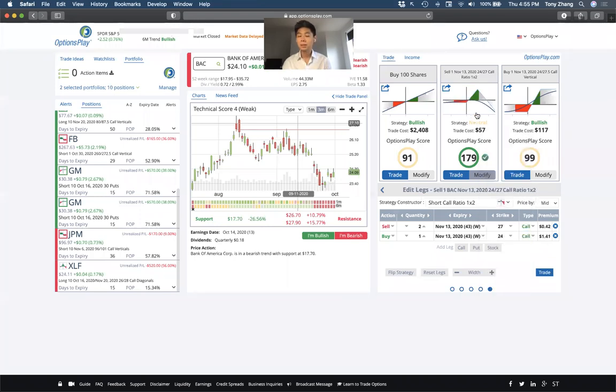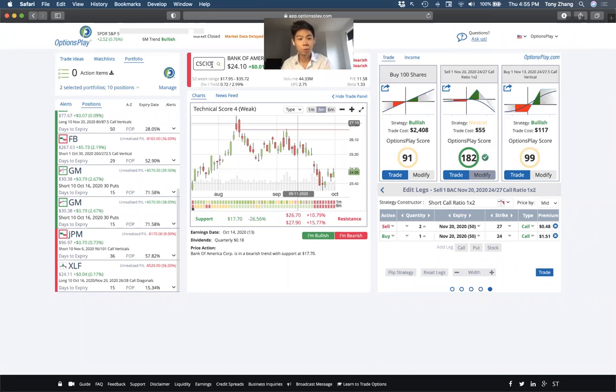So this is an example of a stock that's down too much to find a repair strategy. You're down well over 10%, closer to 15% on this trade. So Bank of America at 27, not suitable in my opinion. Even if you go out all the way to November, still costing you $55 on a $2,400 position. I don't think this is one that you're going to be able to find one on.